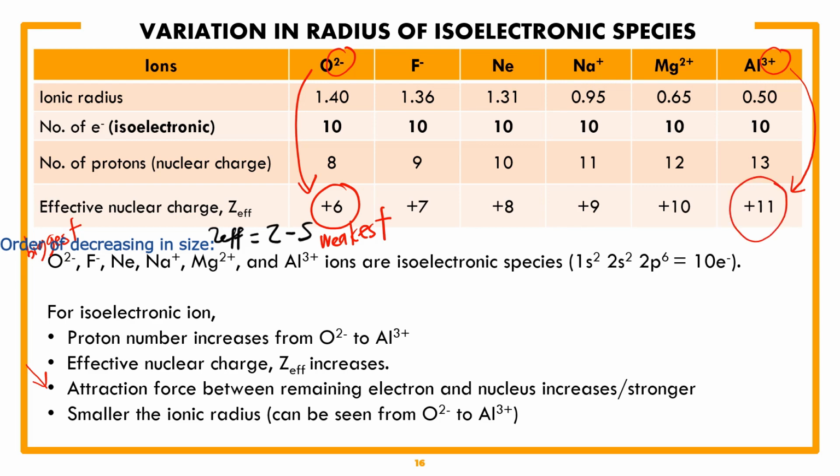So value ZEF yang highest ini merujuk kepada stronger attraction forces between remaining electron and nucleus. So apabila tarikan between them adalah the strongest, maka ini yang akan menyebabkan size of this cation will be the smallest.